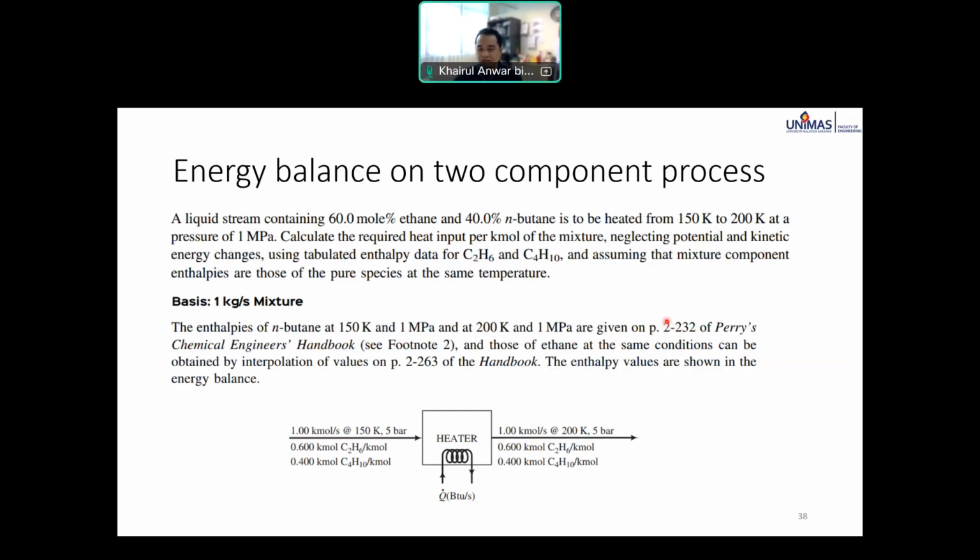The first 2 refers to the volume, and the second 222 is the page number for that volume. It is how you identify page numbers in Perry's Chemical Engineers' Handbook. The enthalpy for ethane is not available in the appendix of this book.